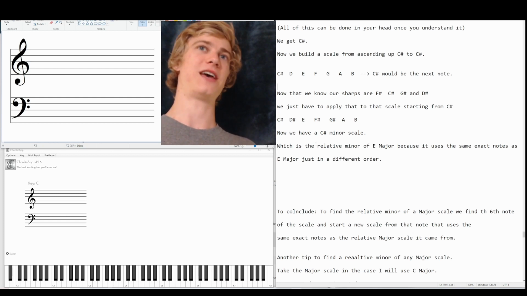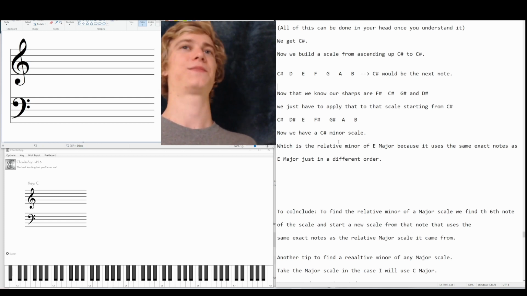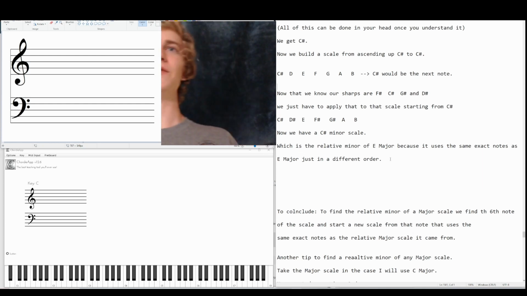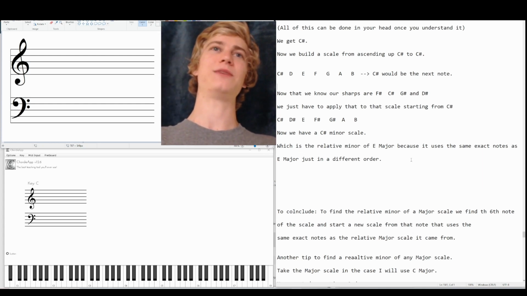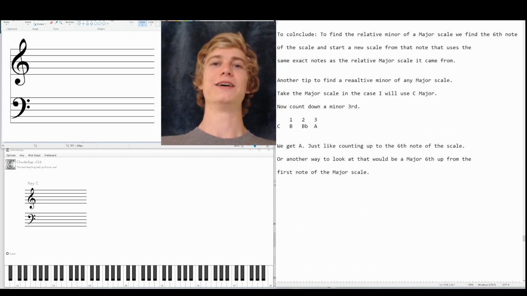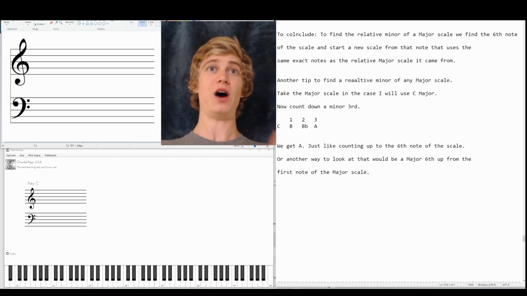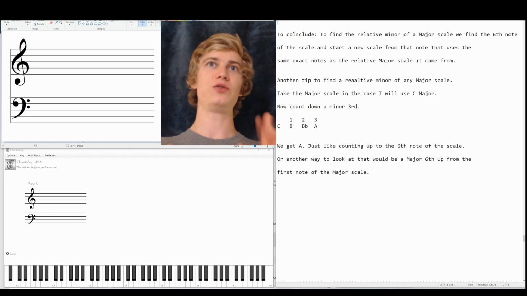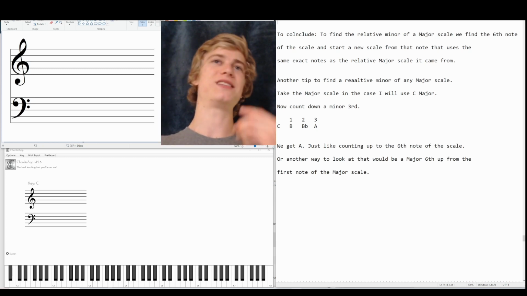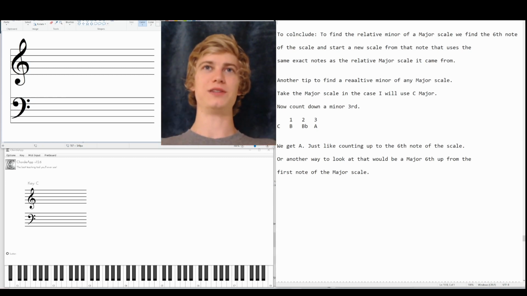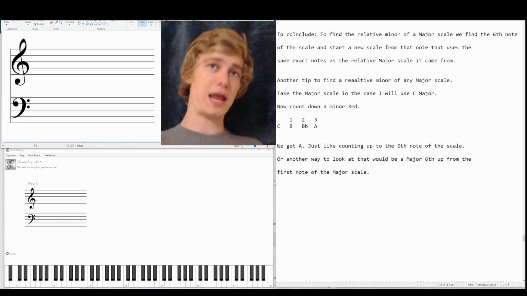Now we have a scale that is in C sharp minor, which is the relative minor of E major because it uses the same exact notes as E major, just in a different order. To conclude, to find the relative minor of a major scale, we find that sixth note of the scale, and we start a new scale from that note using the same exact notes as our relative major scale that it came from.